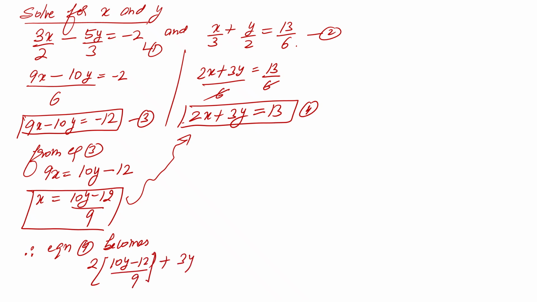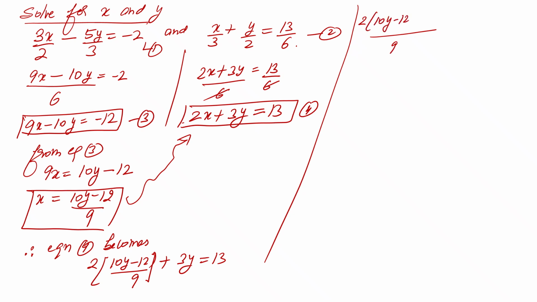plus 3y equals 13. And if you solve this further, taking the LCM 9, 2 into 10y minus 12 plus 9 threes are 27y equals 13.